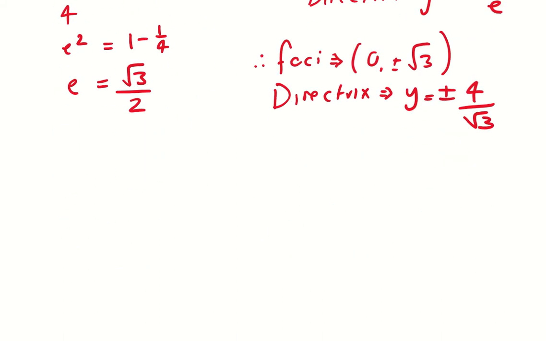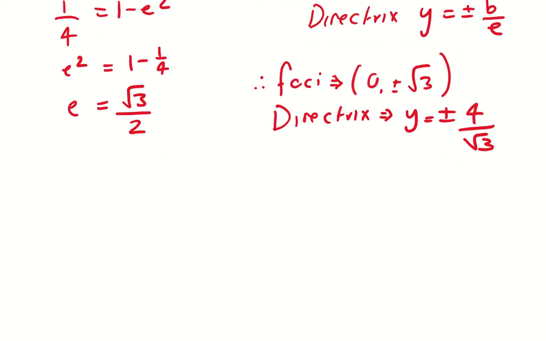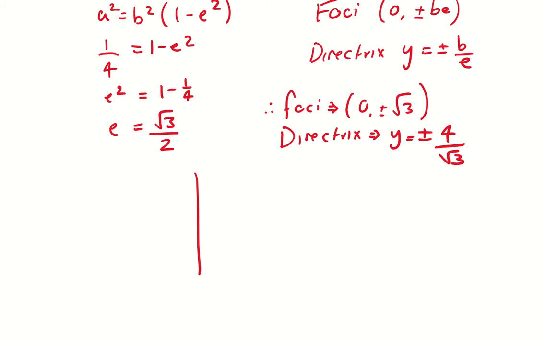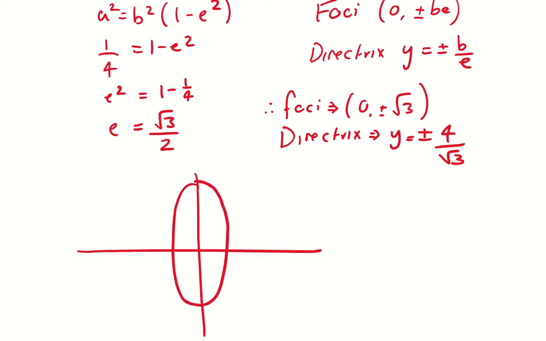If I want to draw that now, I'm just putting everything on a diagram. So I say it is my vertical ellipse with 1 and -1, 2 and -2. Then we are going to have our directrices.